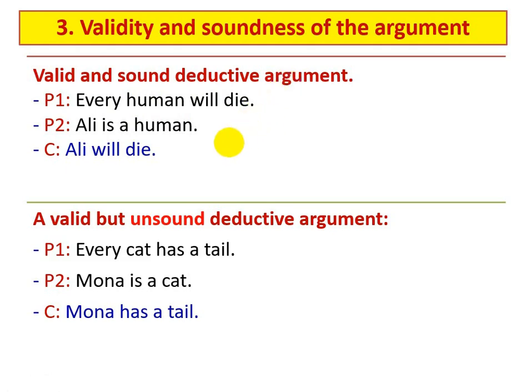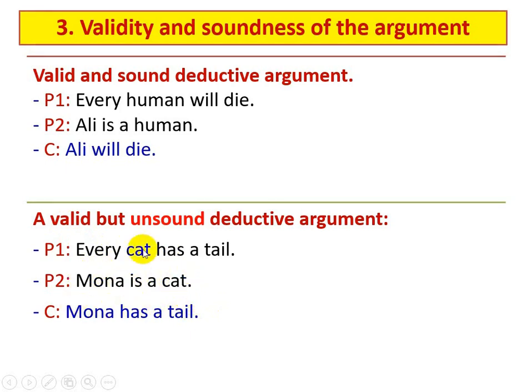So let's move to a valid argument but an unsound one. When we say every cat has a tail, Mona is a cat, Mona has a tail, we can say that this argument is valid. Why? Because if this is true and that is true, then the conclusion is true.